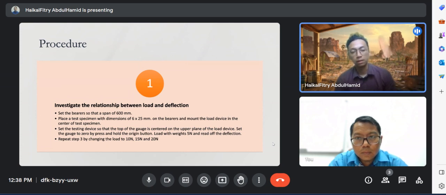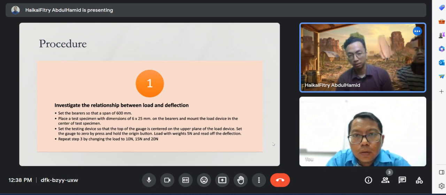And the third is we set the testing device so that the top of the gauge is centered on the upper plane of the load device. Then we set the gauge to 0 by pressing and holding the origin button.